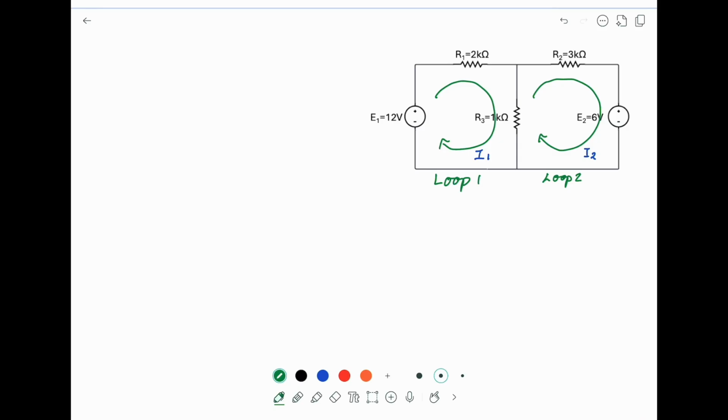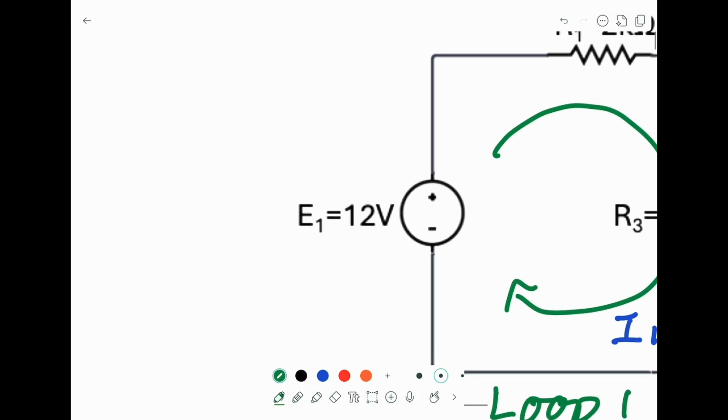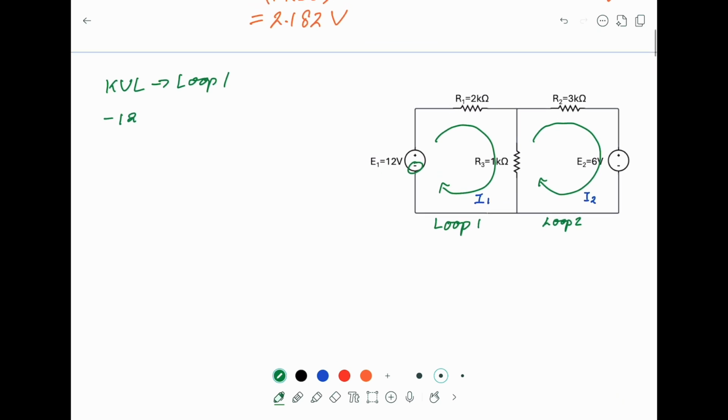So KVL on loop 1, and again this is equal to minus 12 for this one, and positive, the voltage across R1 is 2K multiplied by I1, plus the same argument, the voltage across R3 using Ohm's law is equal to 1K, but R3 is shared by 2 loops.